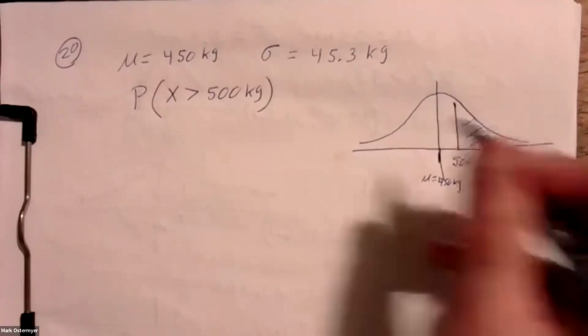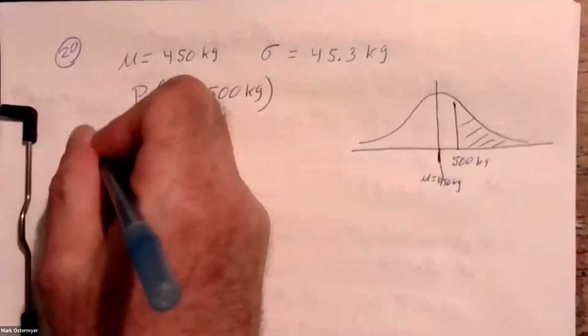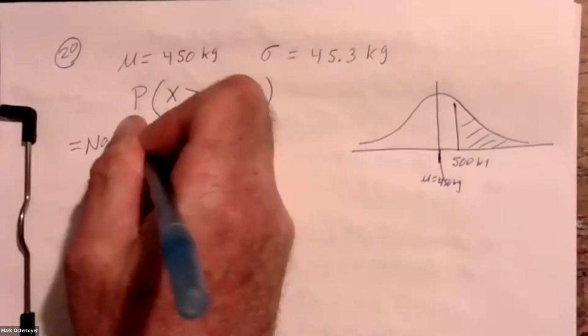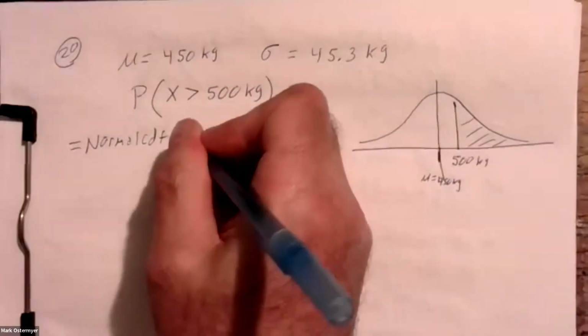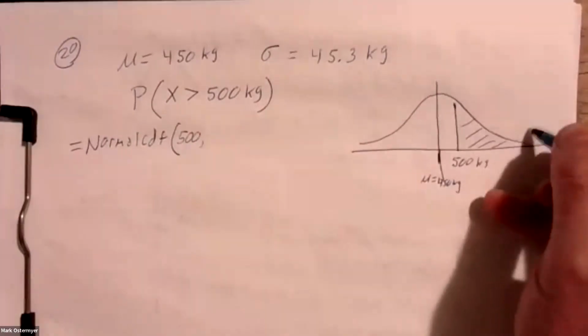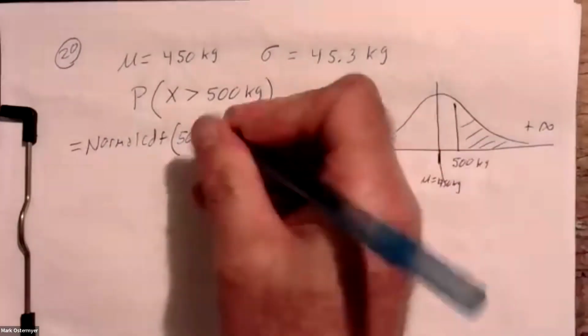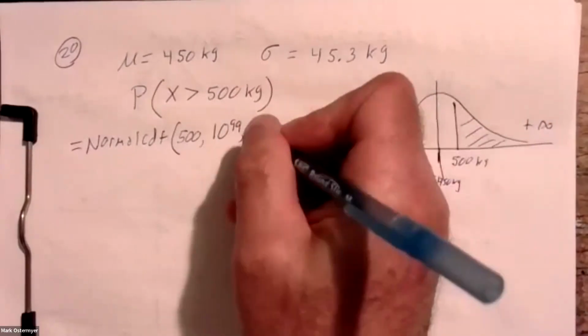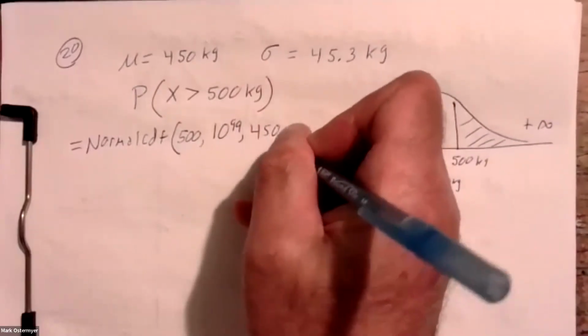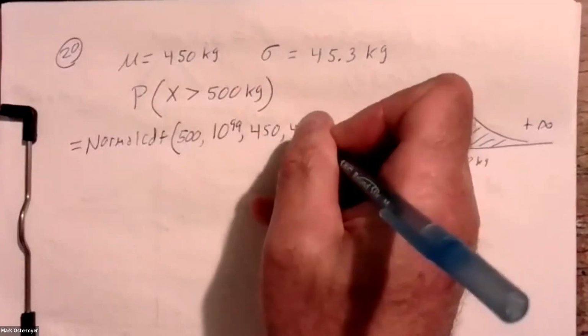So we would use our normal CDF function, where the lower limit of this interval is 500, and the upper limit is positive infinity, 10 to the 99th power. The mean of this distribution is 450 kilograms. Standard deviation is 45.3 kilograms.